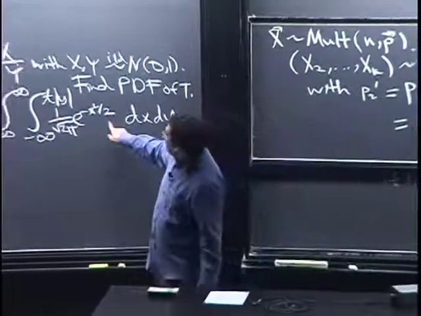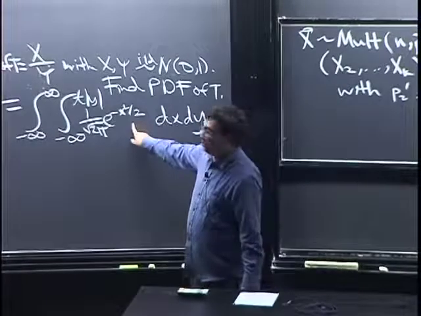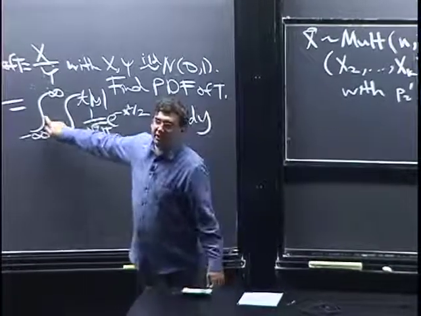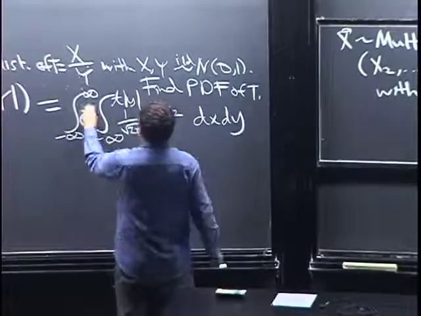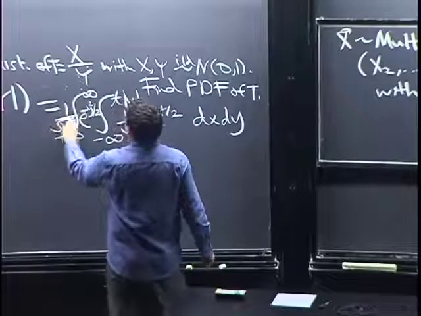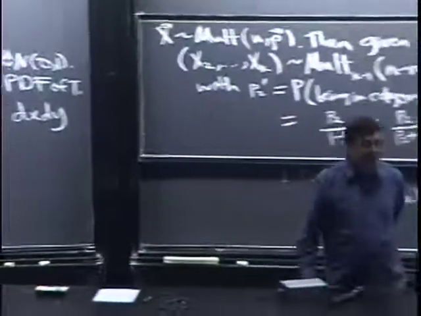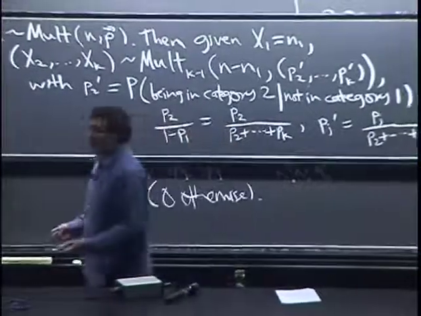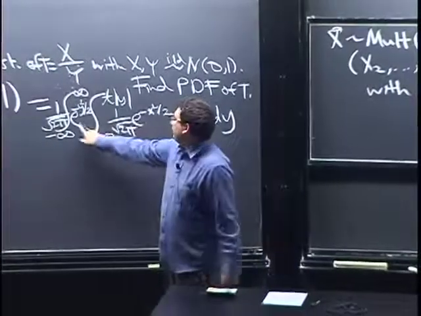The e to the minus y squared over 2 term doesn't depend on x, so I can pull it out. So I may as well write it here so that it's not interfering with this part. All I did was write down the normal PDF for x and the normal PDF for y, and take out the y part because it doesn't depend on x.